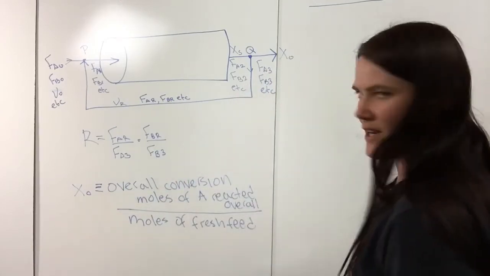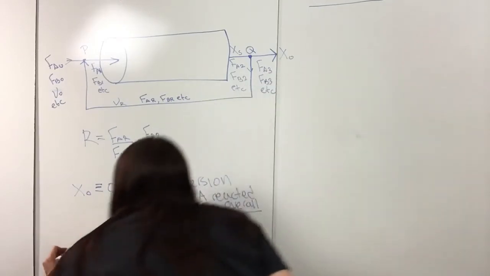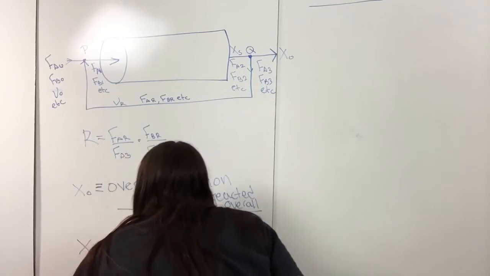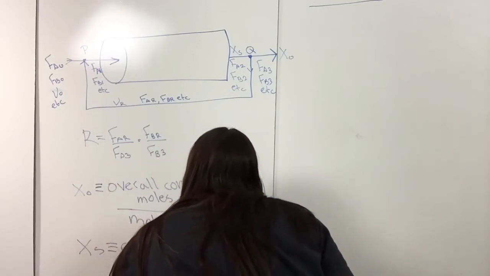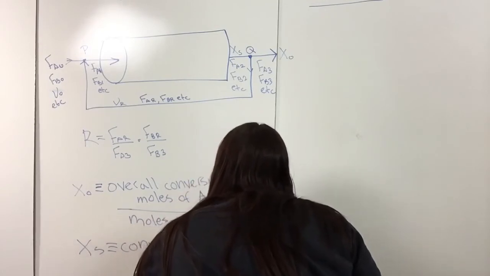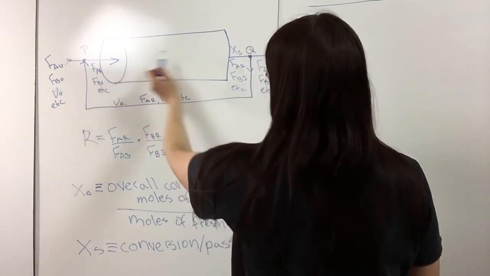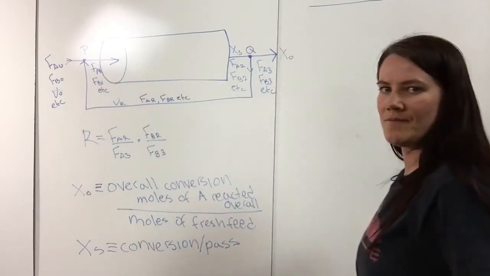And then you also have XS, which is the conversion per pass.